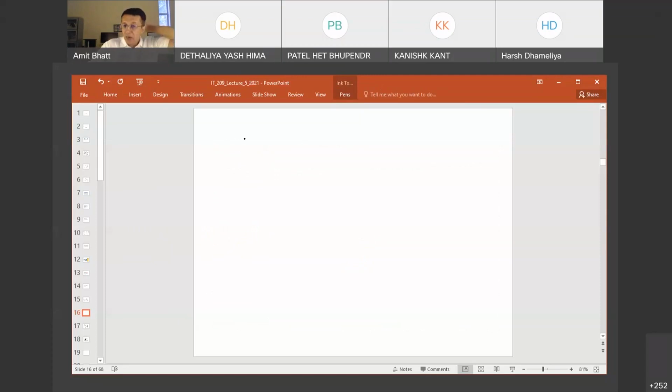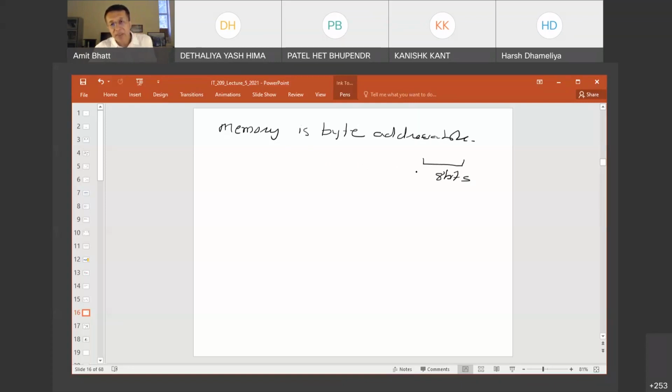Okay. Now, that memory is byte addressable, so that means you should be able to address each individual byte. That means 8 bits. Normally, when we talk about, say, a normal ARM program and normal ARM data, it is of 32 bits.